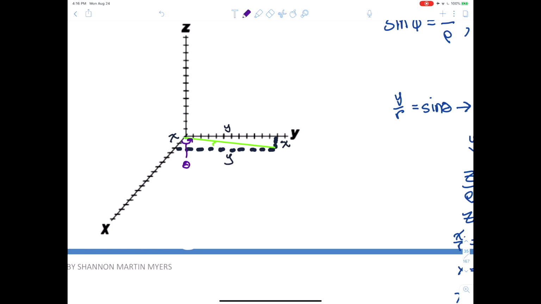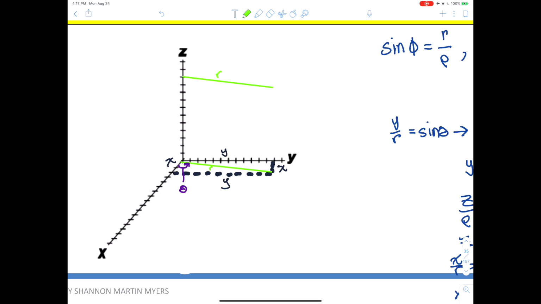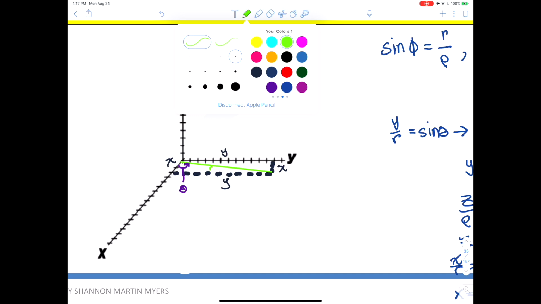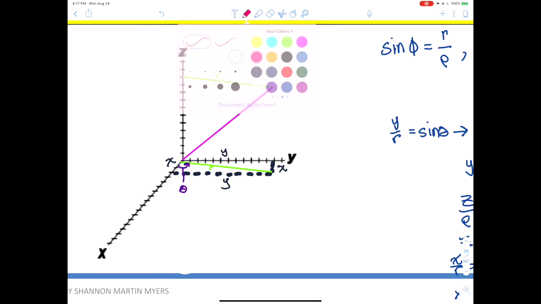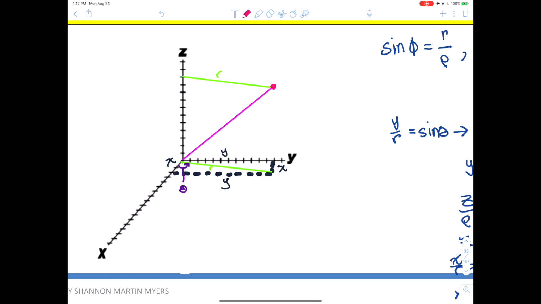Now we've got to get to the z portion of it. That's r again, right? And then now you're going to have our rho come into play. And so rho is here, and the ordered triple xyz ends up being equal to our rho, theta, and phi.